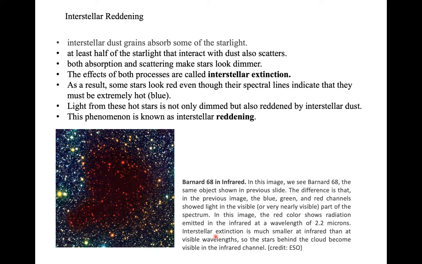Because let's say you are looking at some galaxies outside, maybe millions of light years away from us. When this light comes through space, all this light faces this particular problem, right? Interstellar extinction, which is absorption and scattering of light due to the dust particles. So when you measure the magnitude or the brightness from Earth for any of these objects, assume that you are measuring the brightness of a star.